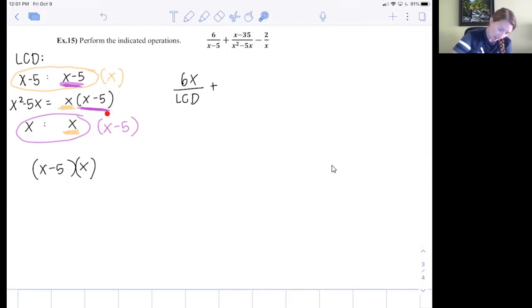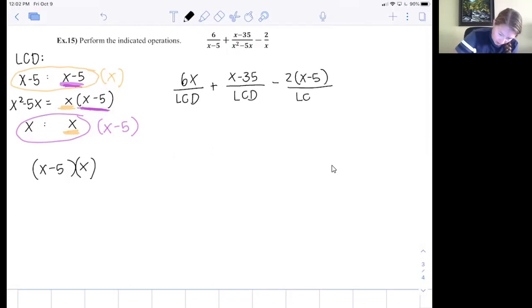That already had an x and an x minus 5. So that I can just keep the same. Now this last one, it's negative 2 divided by x. I'm going to look down here. It already had an x, and I needed to times it by x minus 5. So I've got times it by x minus 5 over LCD. Okay.